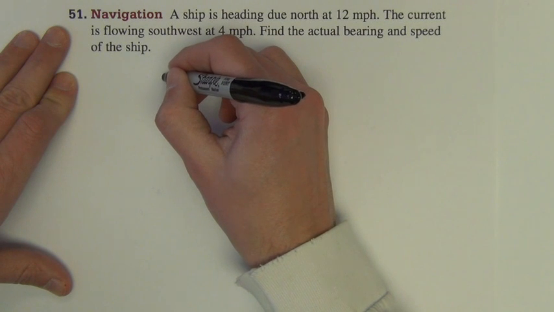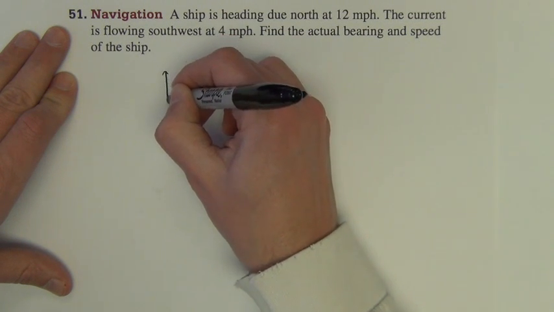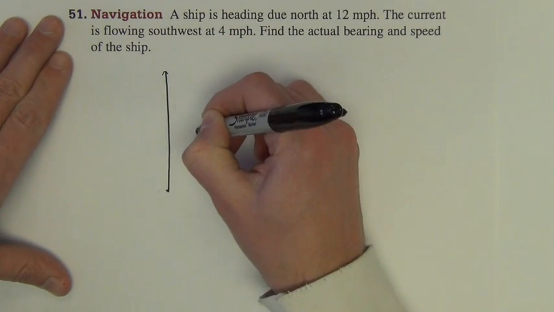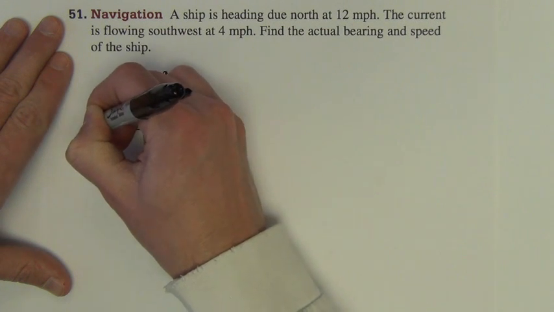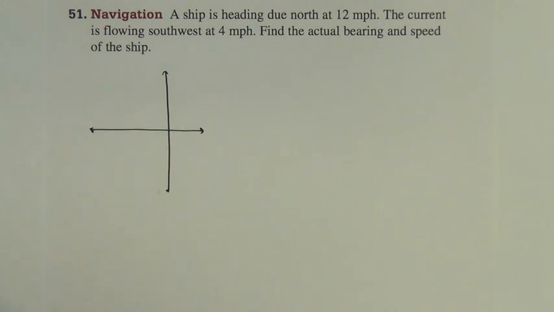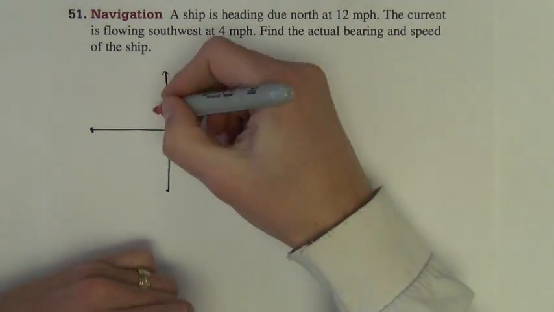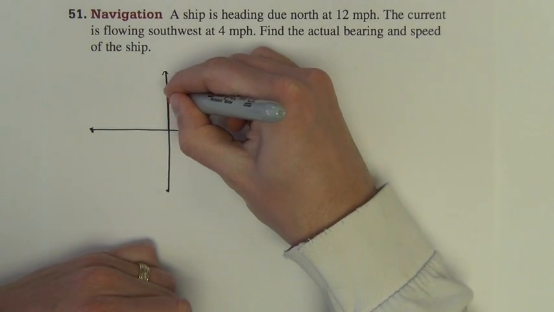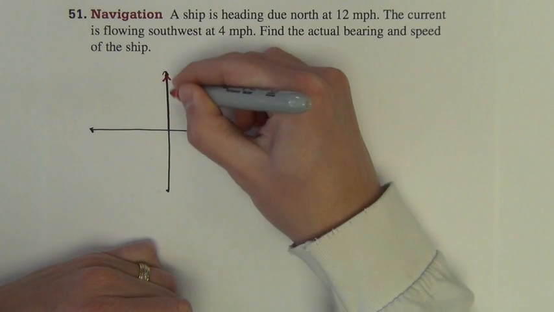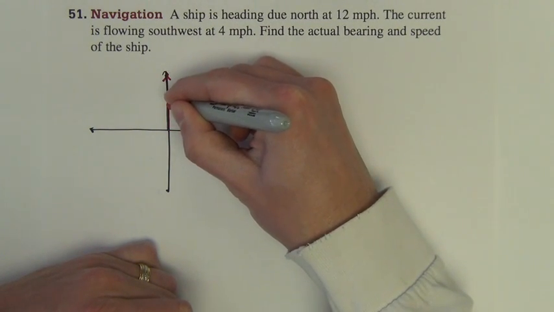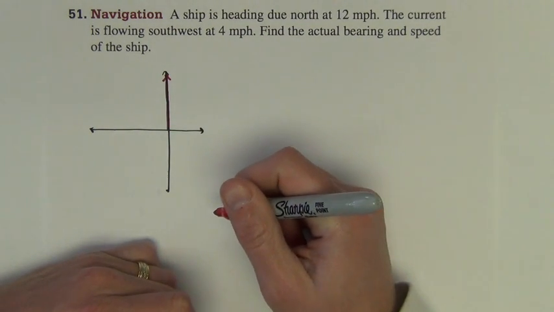So maybe if we want to diagram this out just so you can visually see it. Okay, so we've got our ship. It's heading due north. Okay, so there's our ship. It's trying to head due north.